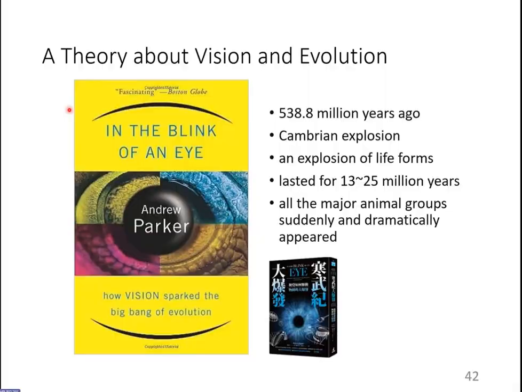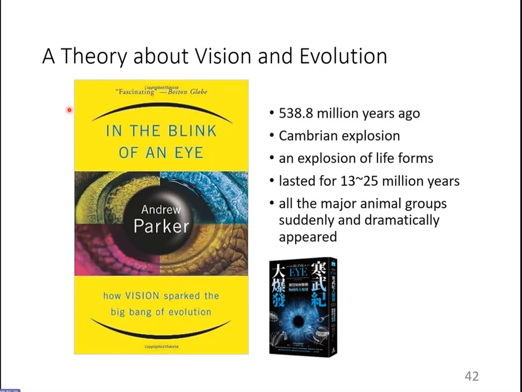Okay. And there is a very interesting theory about vision and evolution. So many years, 538 million years ago, there is a period called the Cambrian explosion. Do you know the Cambrian explosion?